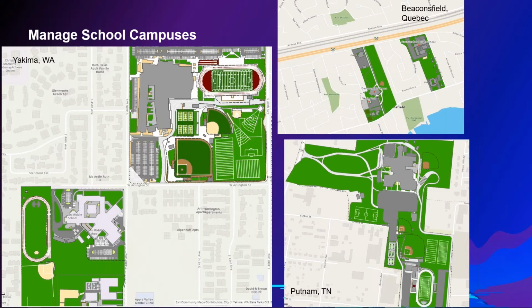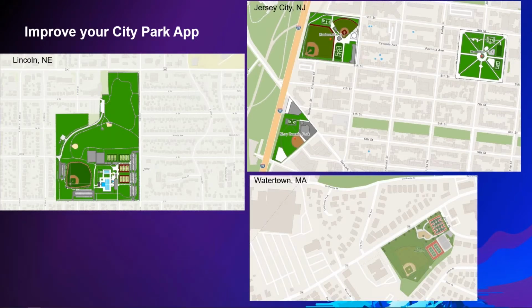I know many organizations maintain or at least host some form of a park locator app. And the park locator or park finder app is really kind of an interesting one for local governments. And we've had a bunch of communities that have used interns or some summer help.